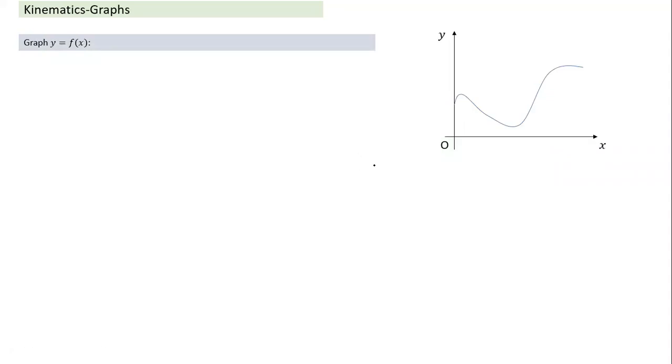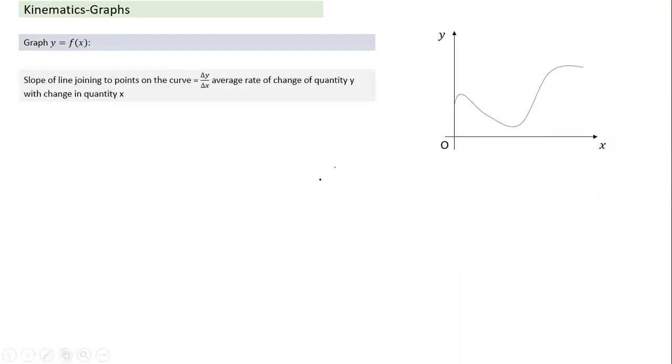Now coming to graphs. Graph is an important topic and a fairly simple topic in my opinion. What does a graph mean? We plot some quantity mathematically, y is a function of x. To plot a graph, for each value of x I need to know the value of y. If y is known for each value of x, it becomes a continuous function, a continuous graph.